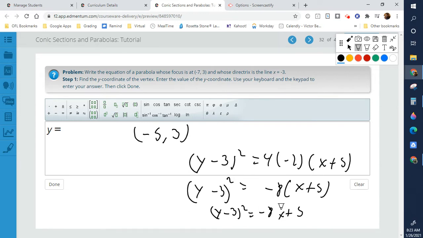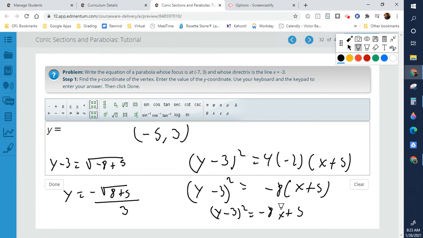So then I'm going to end up getting y minus 3 equals the square root of -8 plus 5. I'm going to divide by -3, so I get y equals negative square root of 8 plus 5 over 3.